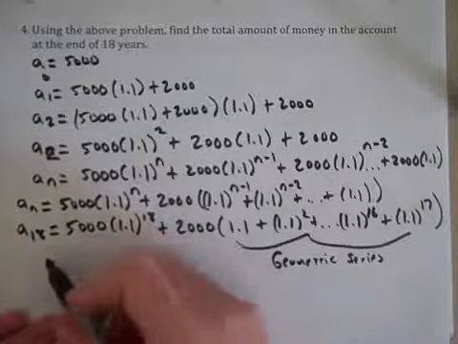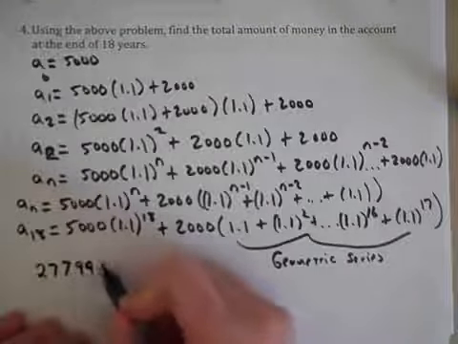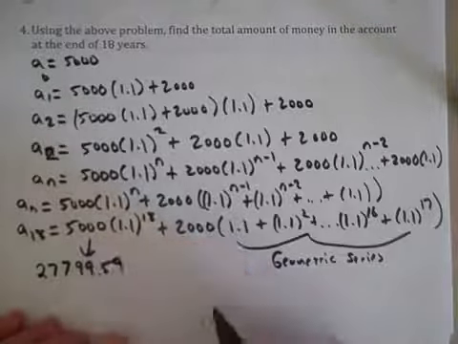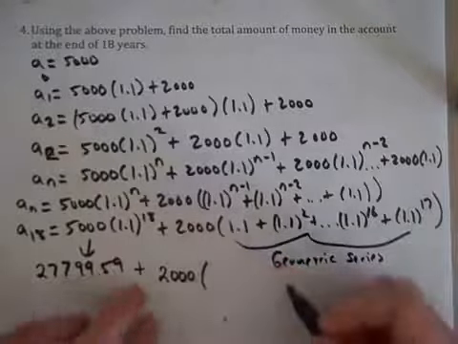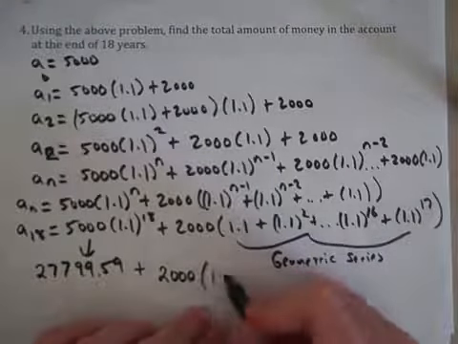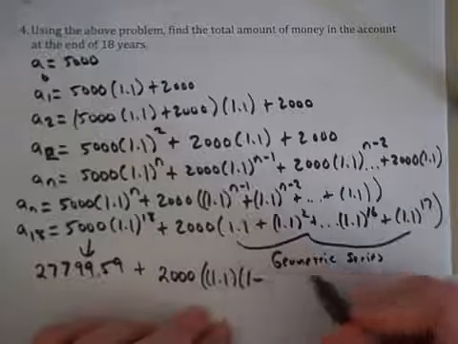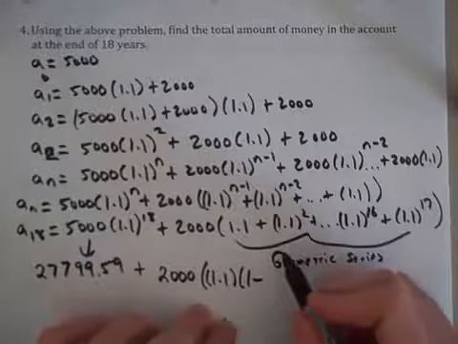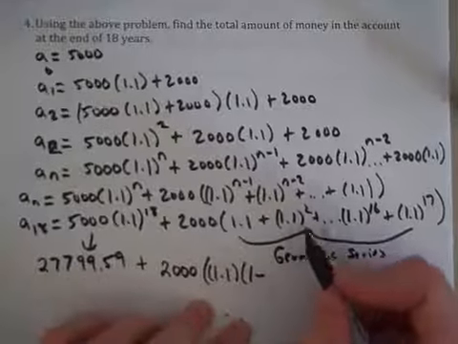My calculator tells me I get approximately this plus, okay, the initial term is 1.1. The common ratio is 1.1 because you see 1.1 times 1.1 is 1.1 squared.